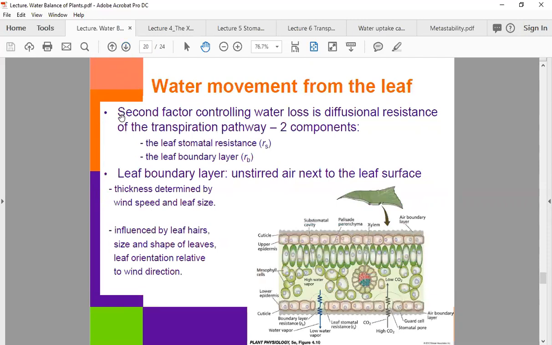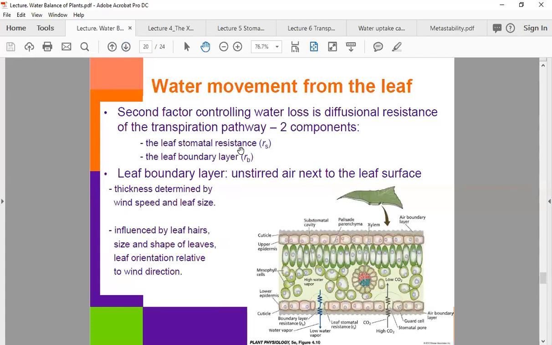Okay, resistance to diffusion of water vapour. I think you would be familiar, at least in some part, with leaf stomatal resistance. This is affected by the aperture of the stomata.